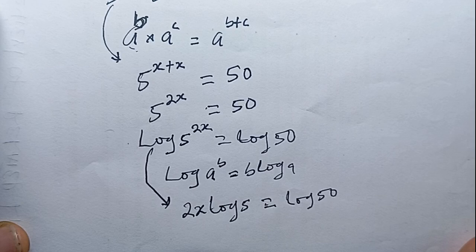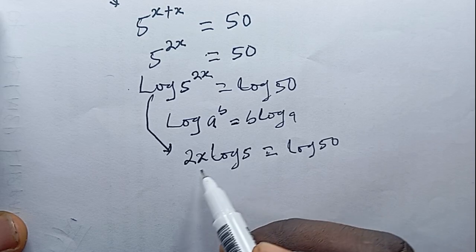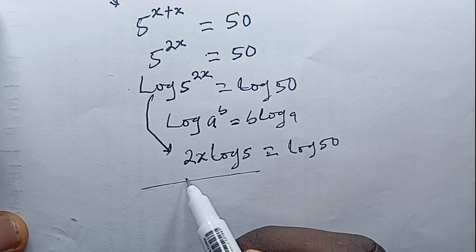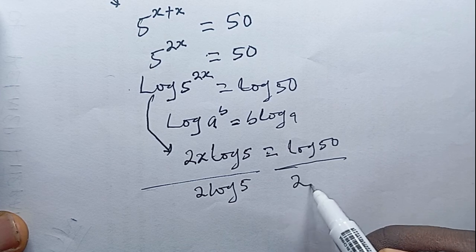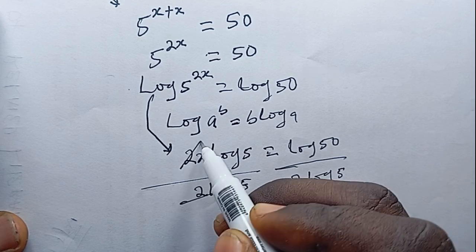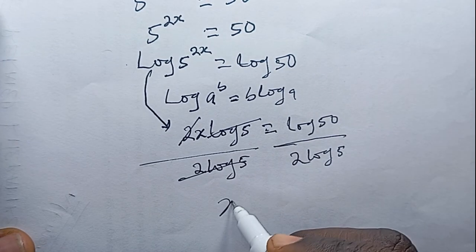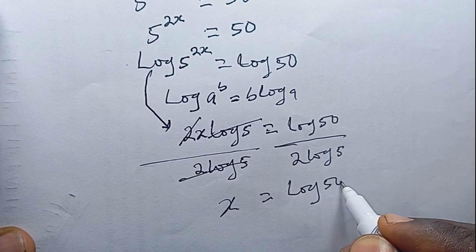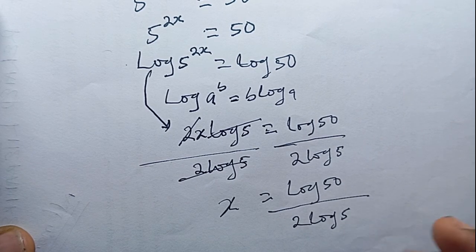and this will be equal to log 50. Because we are looking for the value of x, I'm going to divide through by 2 log 5. Let me do that. These 2 log 5 will cancel, and then my x is going to be equal to log 50 divided by 2 log 5.